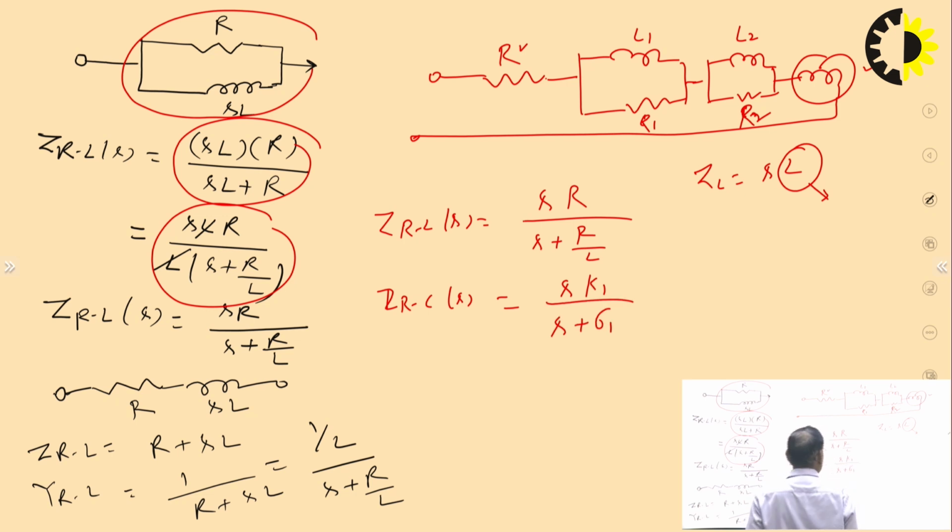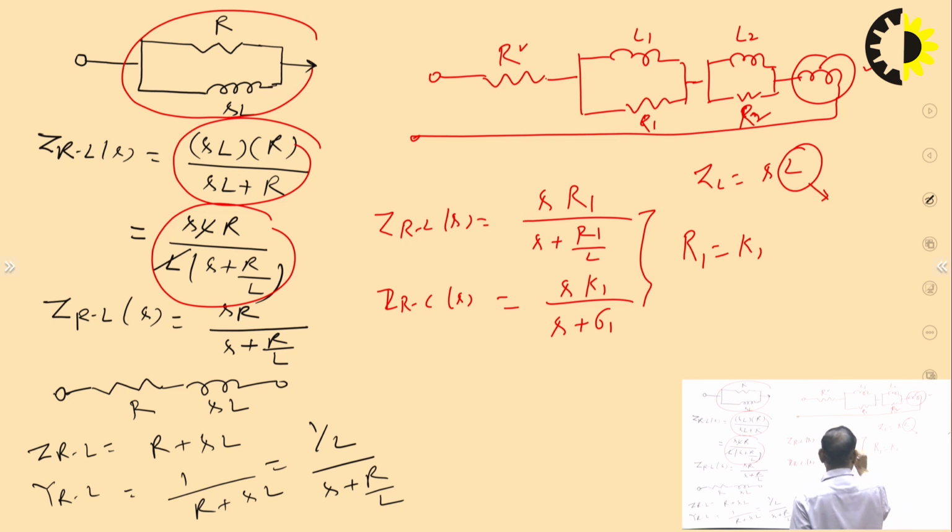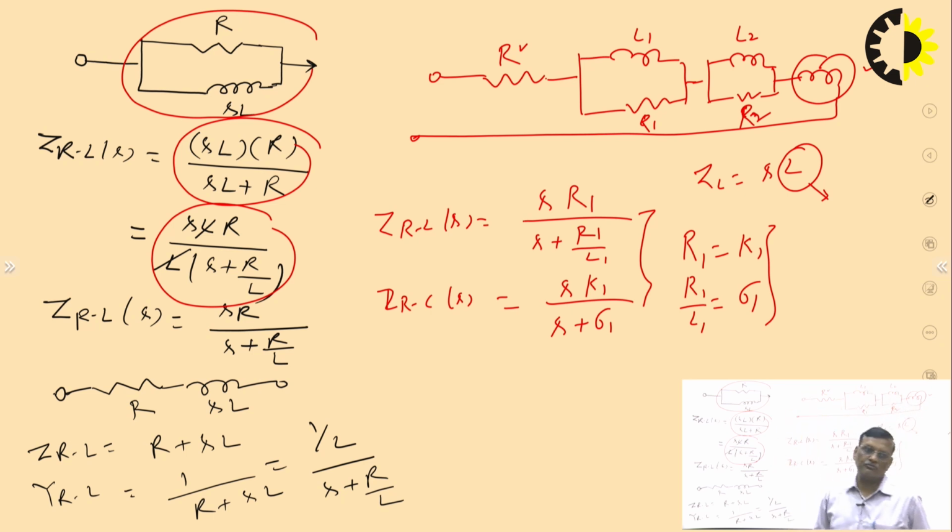Now comparing these two, suppose this is your R1, so R1 is K1, and R1 by L1 is sigma 1. So from these two we can get the value of R1 and L1. So we can fabricate this RL network, if the function is impedance and we are going for the Foster first.